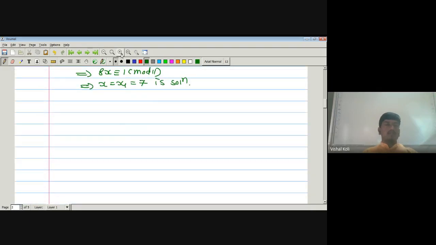For that we have to consider n1x congruent to 1 modulo small n2, which is nothing but 11x congruent to 1 modulo 19. Now whether 1 is the solution? 10 is divisible by 19? No, sir.